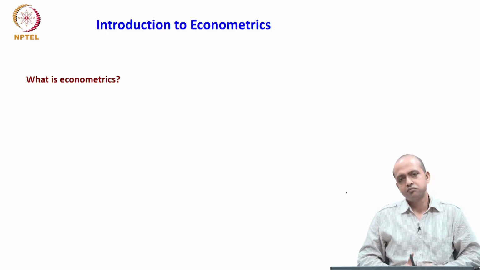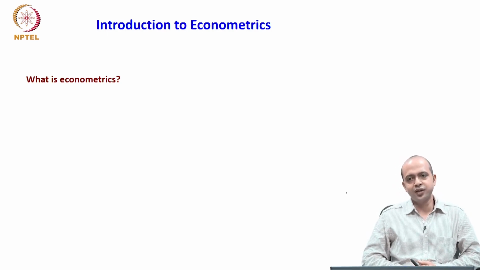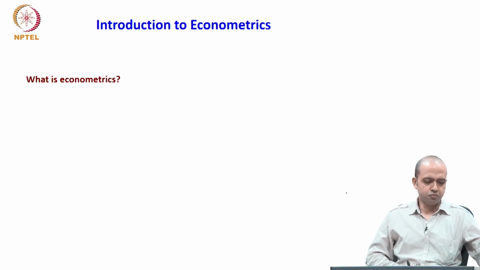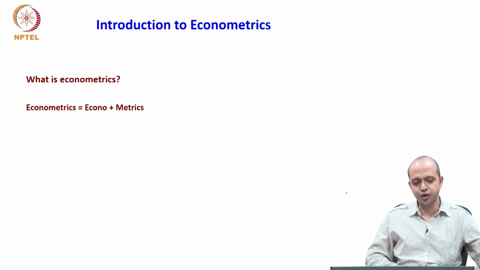There are several definitions available in the literature, but if we combine all those, then we will come up with a combined definition of econometrics. The best possible way to know the definition of econometrics is just to decompose this word into two components.